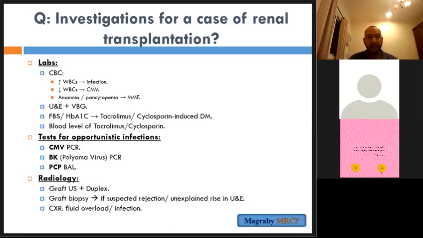Lastly, the radiological investigations: ultrasound on the graft, duplex on the graft, and you can take a graft biopsy if you have unexplained renal impairment in the transplant patient. So this is a summary of investigations in renal transplantation.